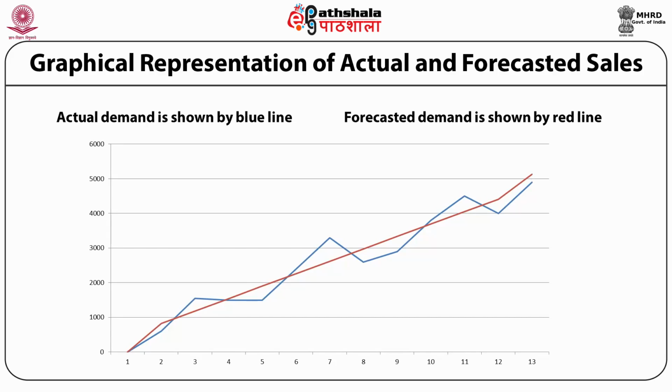The blue line indicates the actual demand, whereas the red line indicates the forecasted demand. As can be seen from the graph, the forecasted demand is showing an increasing trend and has smoothened the data, thus implying that demand can be estimated more accurately by using the trend method.